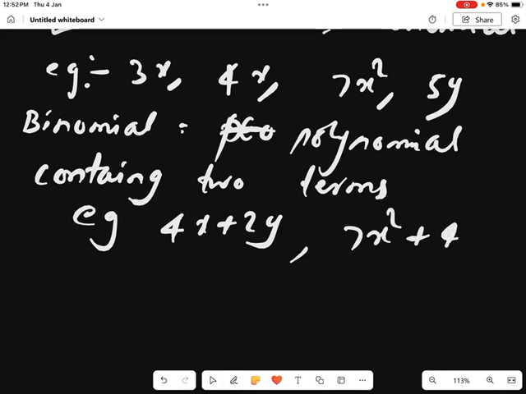These polynomials contain two terms, so they are called binomials.